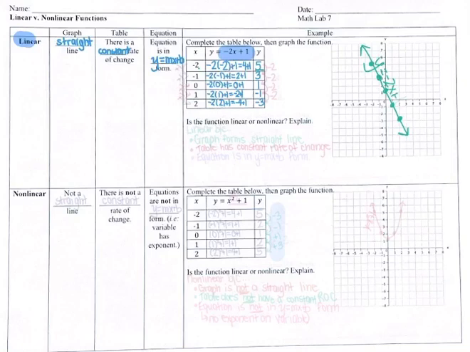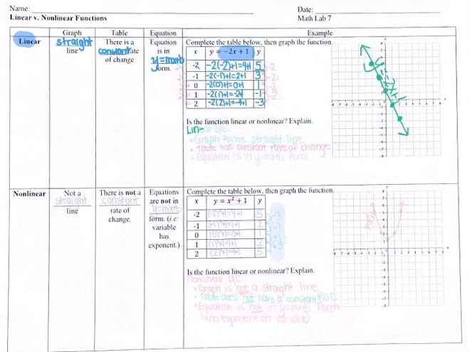So to figure out if this function is linear, I'm going to write all three explanations, the equation, table, and graph. You can honestly just pick one, whatever you're most familiar with, but I'm going to show you all three. So we can tell it's a linear function.